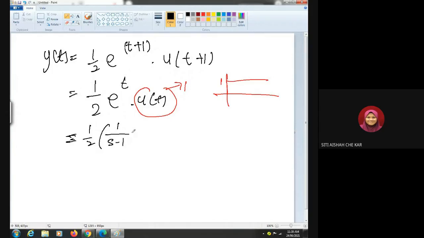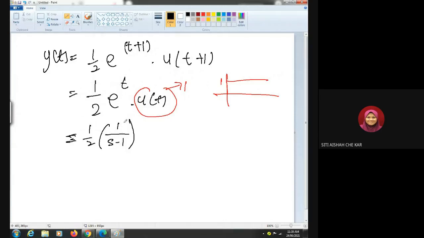Okay. Kan? Sebab biasa minus sini kan. Kalau minus sini plus, kalau sini plus sini minus. The opposite. Okay, so this is your Laplace untuk yang ni.